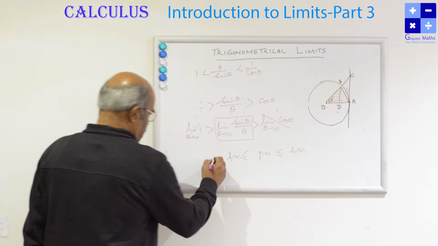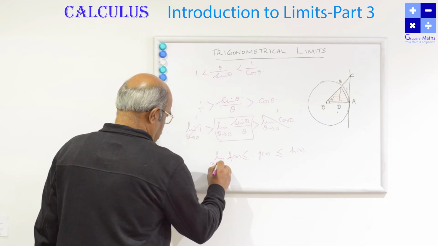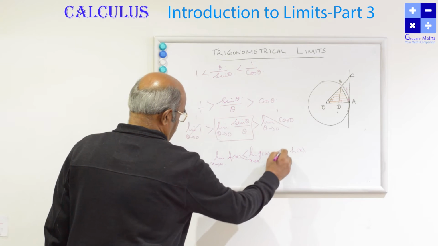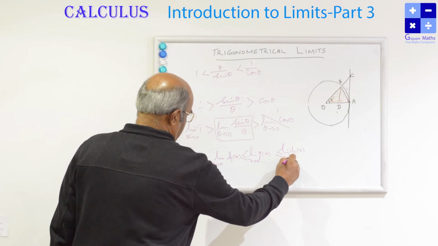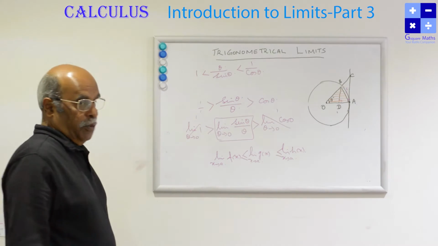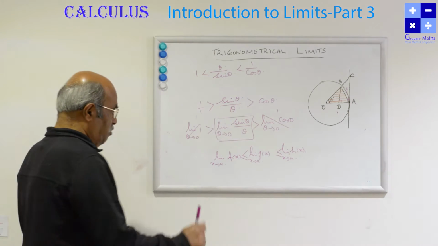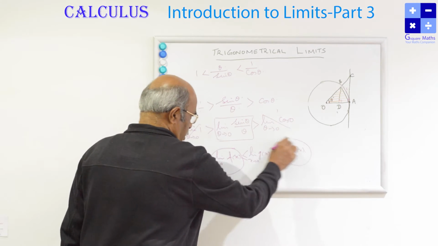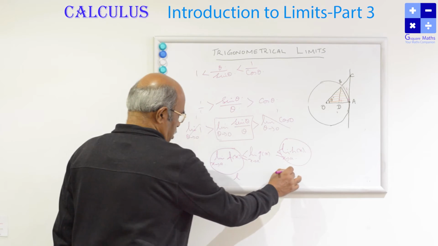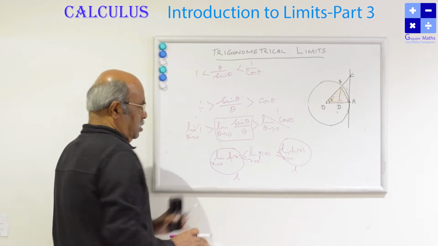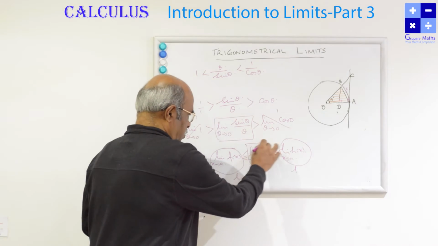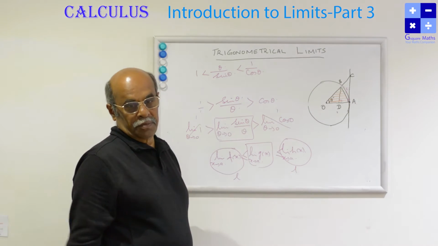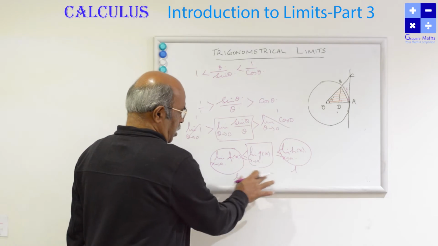Now the limit of this as x tends to a finite value a. The sandwich theorem says, if the limit value of this and this is the same, suppose this is L and this is L, then the required limit is sandwiched between the two equal values, and hence this value is nothing but L itself.